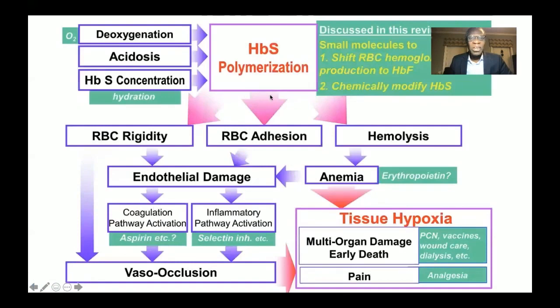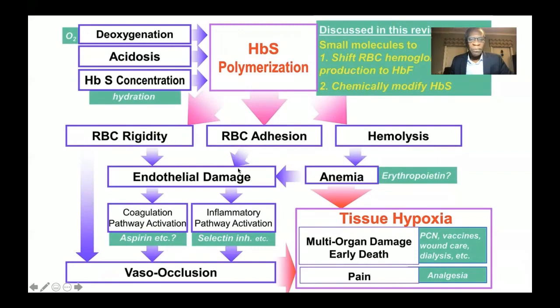The single central event in sickle cell disease pathogenesis is hemoglobin S polymerization. And this is dependent on deoxygenation, acidosis, and a hemoglobin S concentration in the red cell. Following polymerization of hemoglobin S units, there are downstream events that lead to rigidity of the red cell, adhesion to the endothelium, and red cell breakdown, which is called hemolysis.